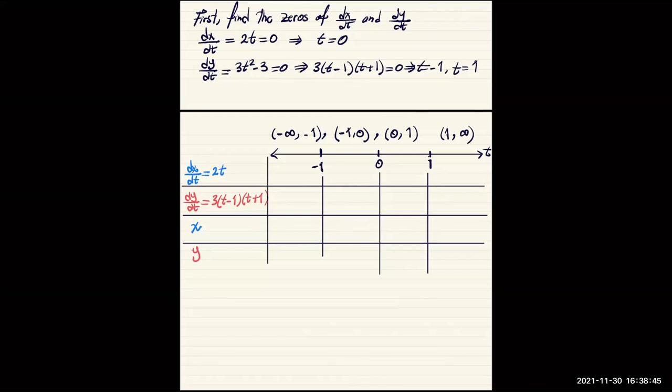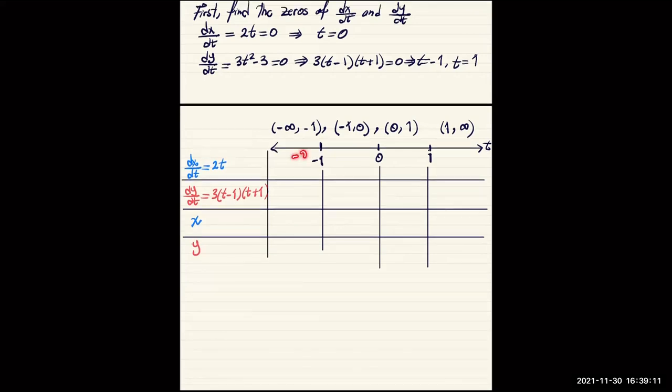What you have to do is pick a number or a test point over each interval. Please do that in your head. So for example, over this interval, you can test any number of your choice. You could pick -2, -10, -1,000,000, whatever you want.